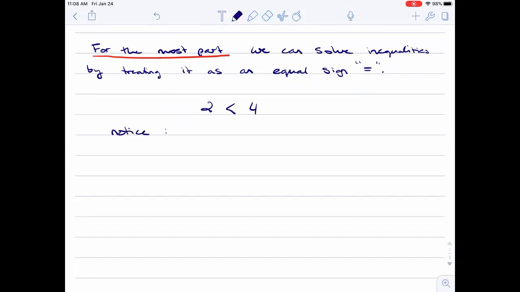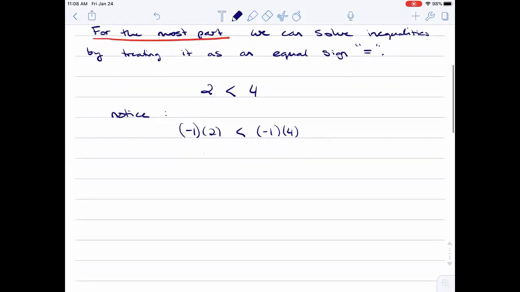Notice that if we have -1 times 2, and then -1 times 4, brackets around both -1s, then -2 is greater than -4, right? If you think about it on a number line, at 0, -2 is greater than -4.